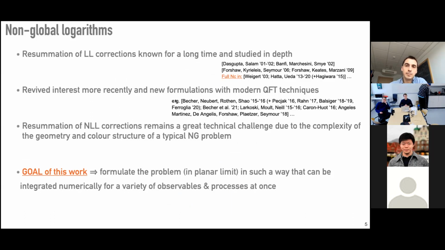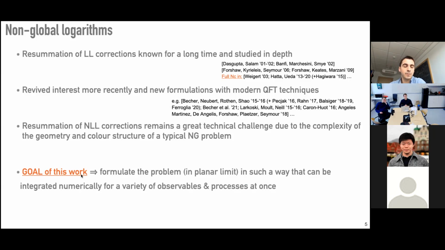And in more recent years, there's been an explosion of new formulations with more modern QFT languages that aimed at extending this resummation beyond the leading log accuracy. However, the problem of resumming these observables to next to leading log remains a great technical challenge, and the first result at next to leading log is precisely obtained in the papers that I'll talk about today, and I'll try to discuss with you.